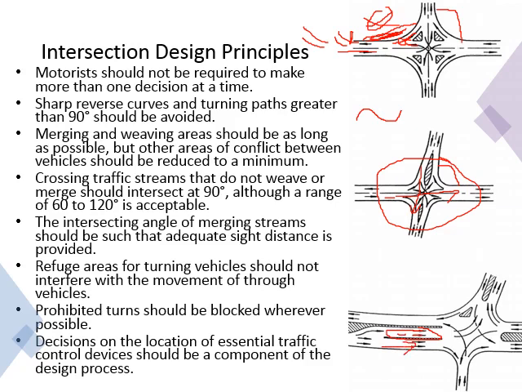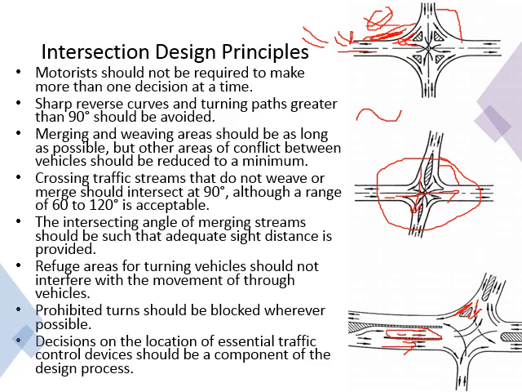And same thing with the people: if somebody is in this area for making the right turn, he will not interfere with the people who are making the left turn or going straight from this direction. So these are known as refuge areas for turning vehicles, where they can wait, and while they are waiting, they are not stopping anyone else.